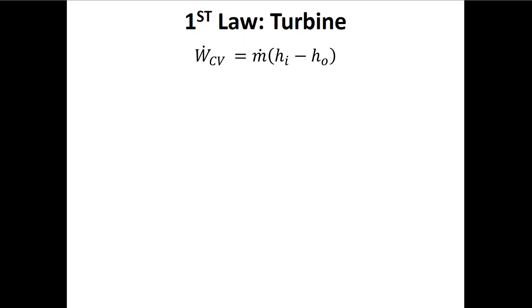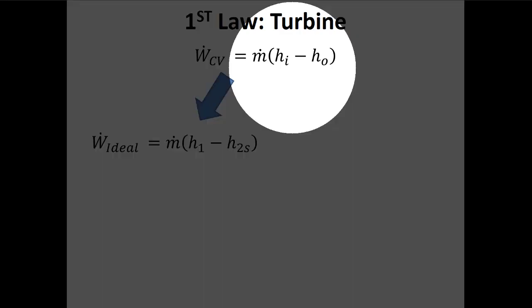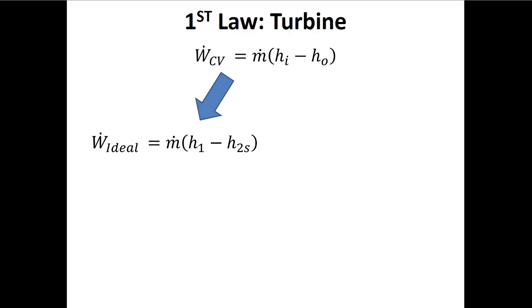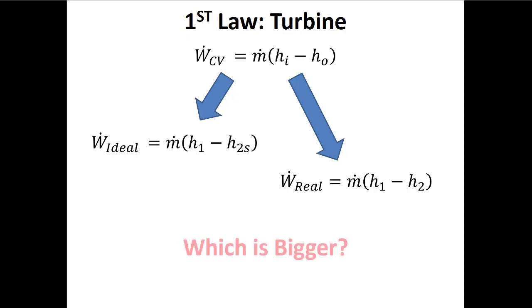So this equation works for the ideal turbine. The inlet is the normal inlet that you would see in both the real and the ideal turbine. But the outlet for the ideal turbine is h2s, the enthalpy that I would find if the specific entropy was constant. For the real turbine, I'm going to have the power be the mass flow rate times h1 minus h2, where h2 is the actual outlet.